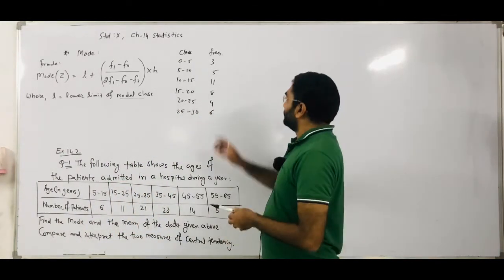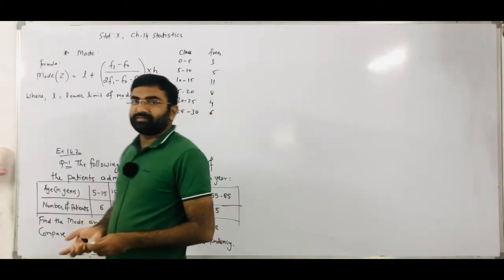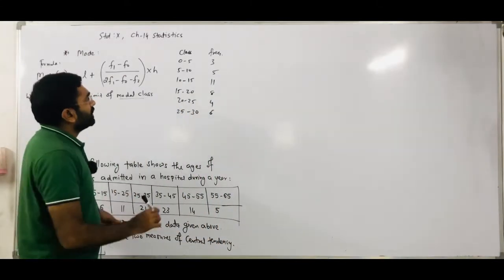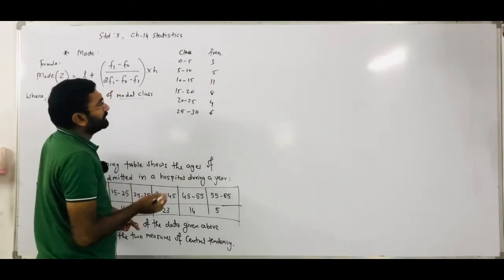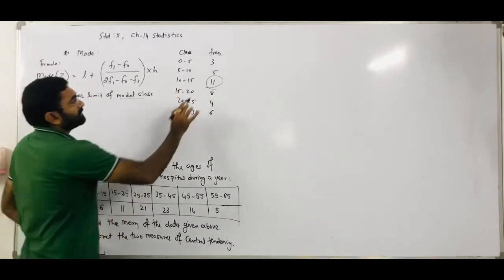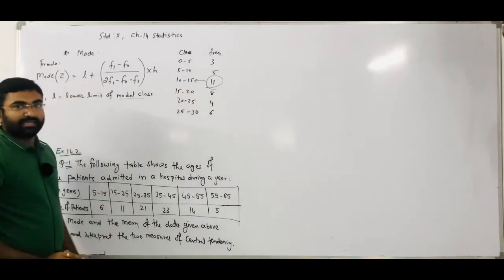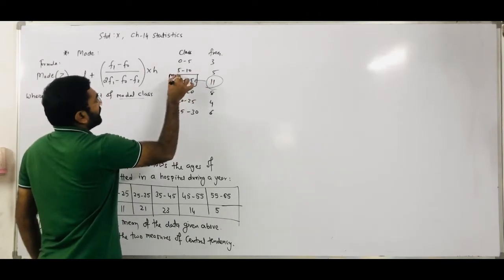You have to observe the frequencies and check which is the maximum frequency. Among 3, 5, 11, 8, 4 and 6, the highest frequency is 11. The class corresponding to the highest frequency is called our modal class.